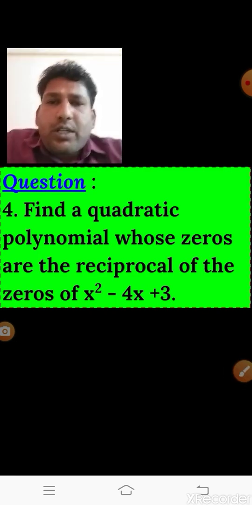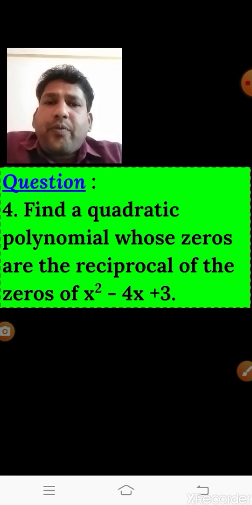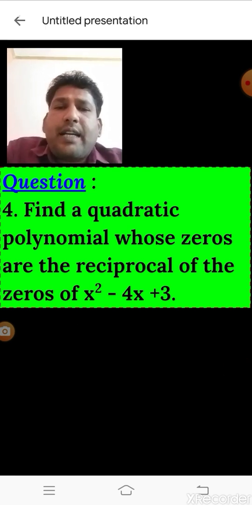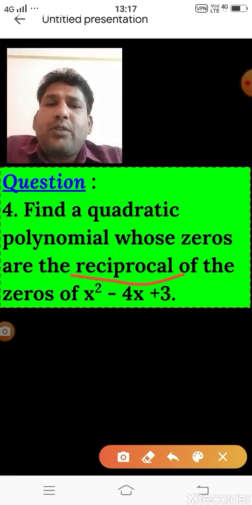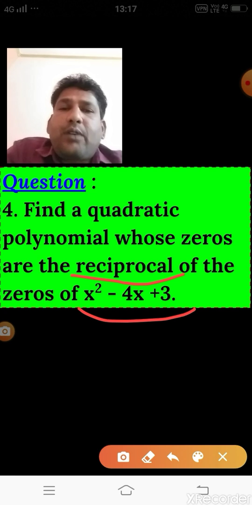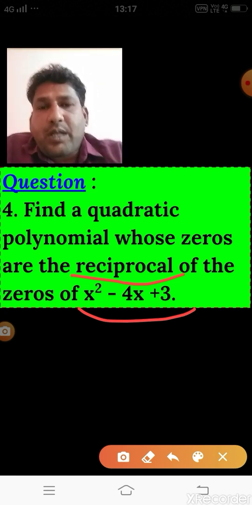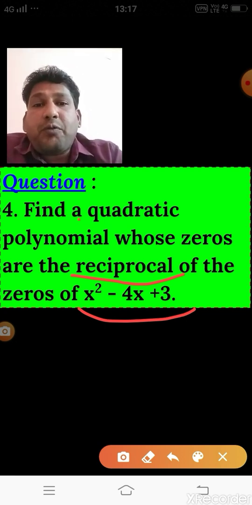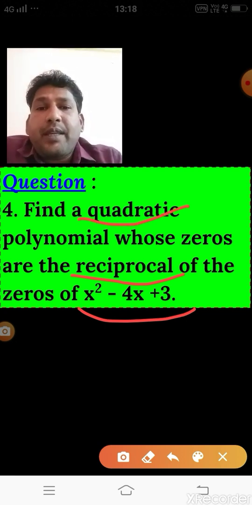One more question I am taking here. We have to form a quadratic polynomial whose zeros are the reciprocals of the zeros of the given polynomial. This question becomes complicated because there are two or three points involved.